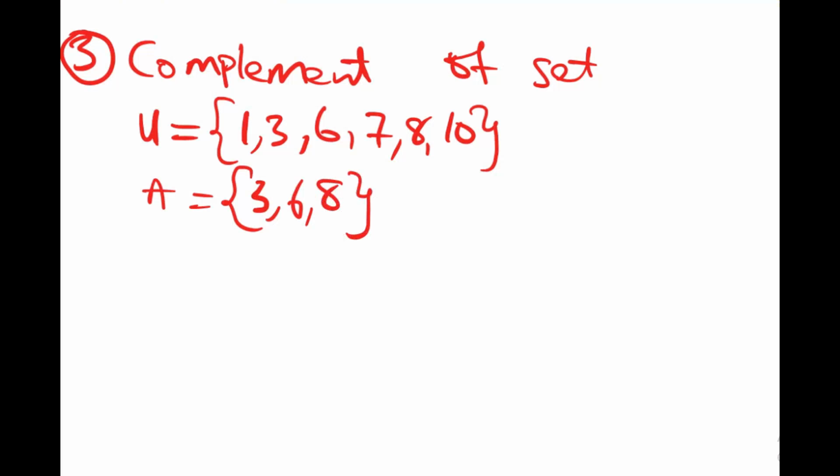Therefore, the complement of A is a set of all members of the universal set U which are not elements of A. This means that A complement or A prime is equal to elements in the universal set that are not in A. Therefore, we have 1 in the universal set and it's not in A. Okay, let's cancel out.